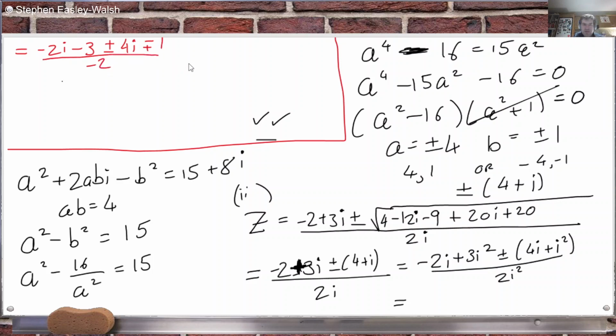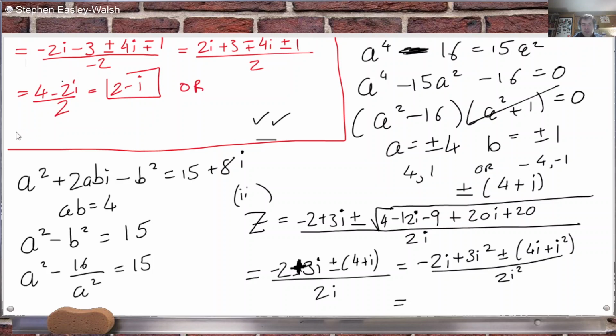So if you multiply by minus, you get 2i plus 3 minus or plus 4i plus or minus 1 all over 2. So let's take the top first. 3 plus 1 is 4. 2i minus 4i is minus 2i, over 2. So that's 2 minus i.